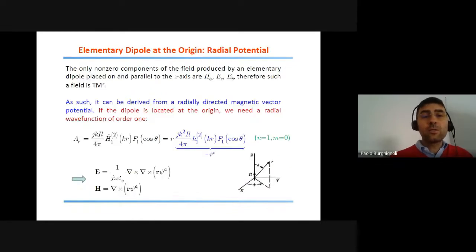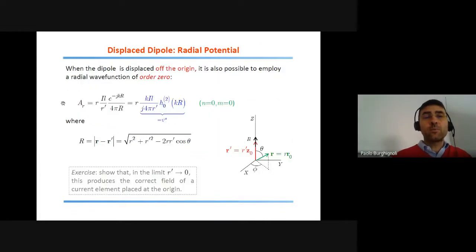The previous one was expressed in terms of a first order Bessel function, whereas in this case, the Debye potential that we may employ is of order 0. As you can see here in the blue term, we have a wave function psi A that is proportional to the Hankel function of order 0. However, note that now, in addition to the Hankel function, we also have r prime in the denominator, so the distance between the dipole and the origin.